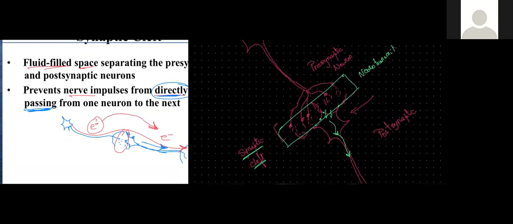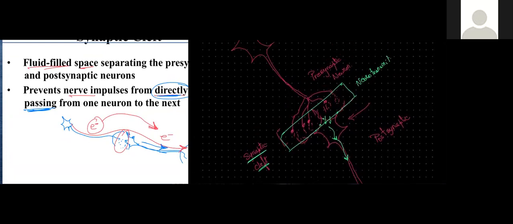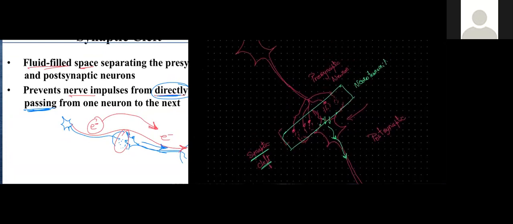Protective? So for faster, it won't be faster, theoretically speaking, if I'm conducting just the electrical signal without having to release chemicals and bind and open. If I'm just conducting the electrical signal, it's going to actually be faster.